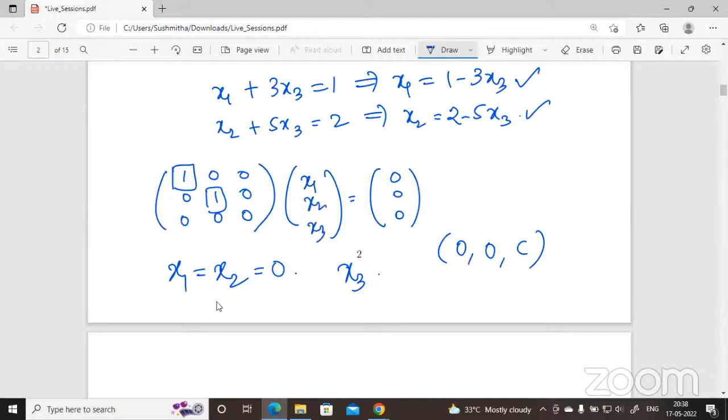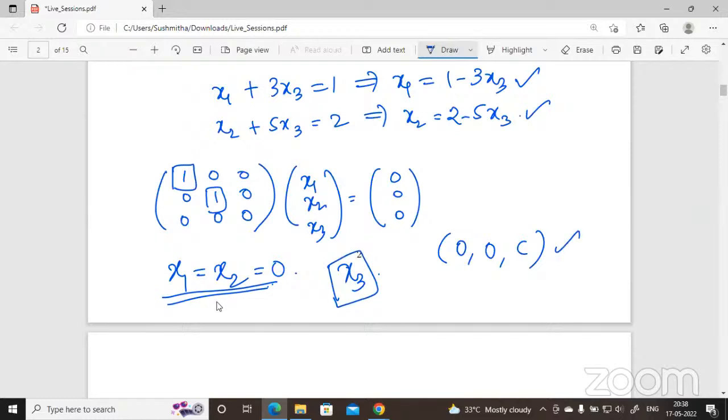Yeah, so you'll get x1 is equal to 0, x2 is equal to 0, 0 is equal to 0. So that means 0 into x3 is equal to 0. That's why in the place of x3, we can put any value. You can put infinite values in x3, and you are still getting 0. That is what this 0, 0, c is.